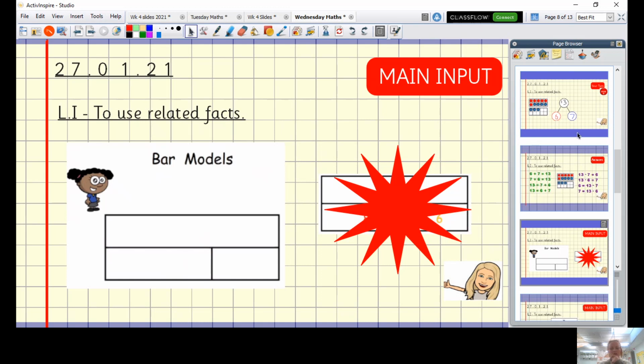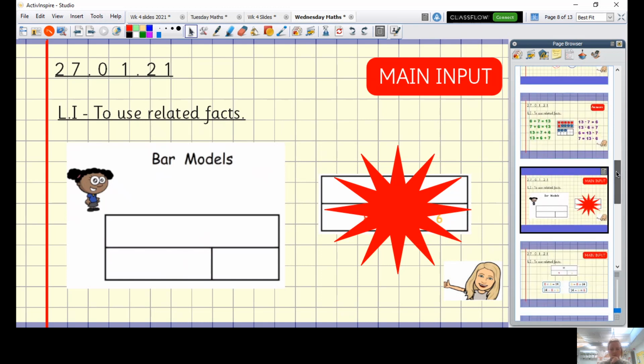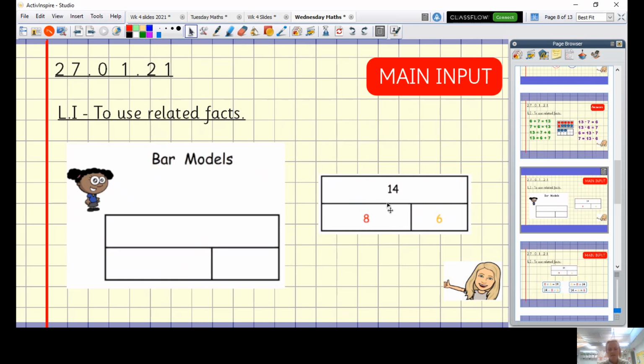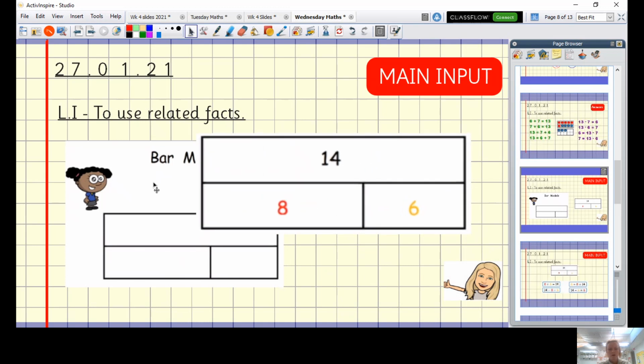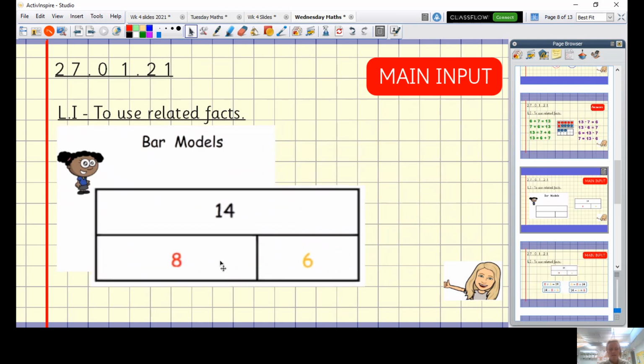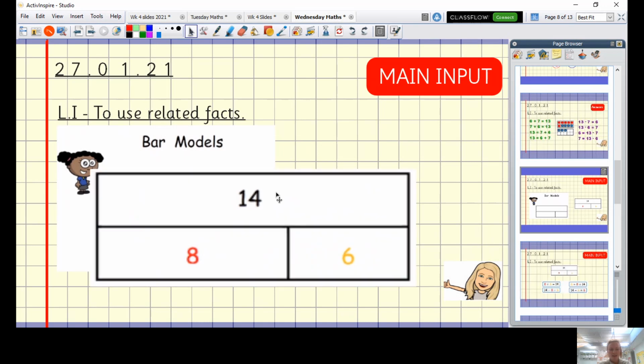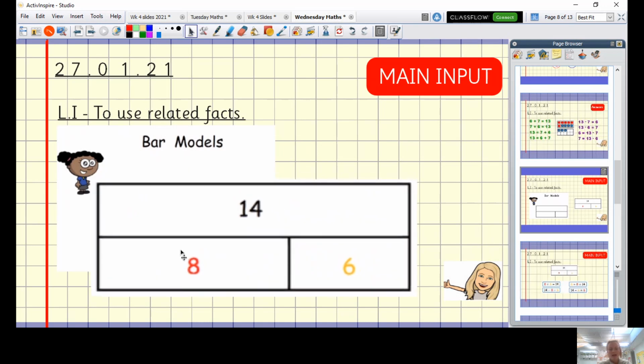So here is your opportunity to press pause and to see if you can think of any related facts for these numbers. So you've got 14 as the whole, 8 as a part, and 6 as the other part. So you can press pause now if you'd like to try and work some of these out.